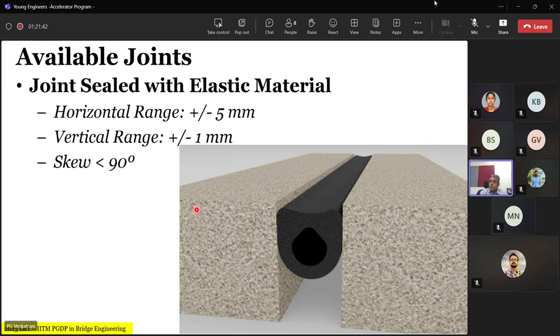This is the simplest of the joints. Because of the friction and the flexibility, it can withstand a little vertical displacement of plus or minus 1 mm, and it can be used for more or less 90 degrees at best. On other skews, it is not very good.